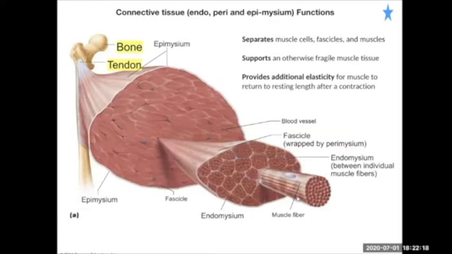So each muscle cell is wrapped in endomysium, and that separates it from the adjacent myofiber, so that sometimes one muscle fiber is contracting and the other isn't. You want to protect against friction and damage that would result from one moving and the other not moving. So that's one thing: it's separating the elements.